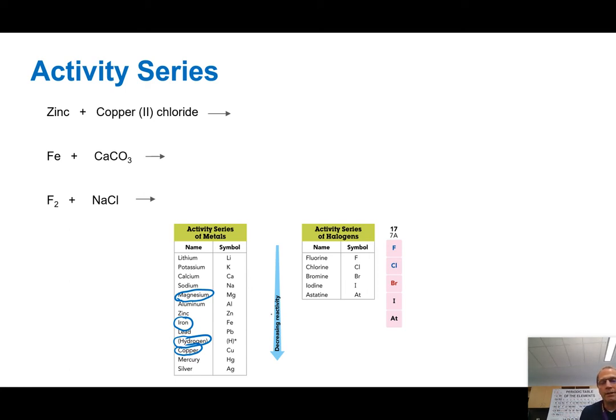The more reactive the metal is, the higher it sits, and as it goes down the list, the less reactive the metal is. The more reactive metal, if it's standalone, is going to bump out what's in the ionic compound. So we saw magnesium bump out all of those positive cations from their ionic solution.